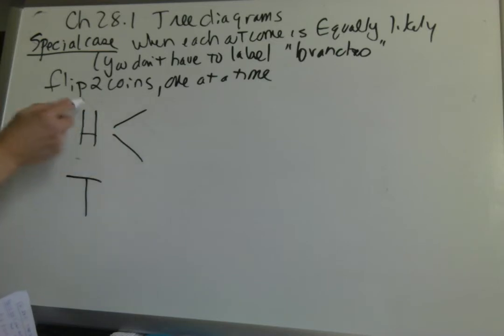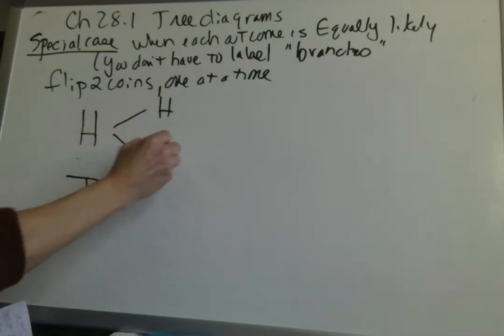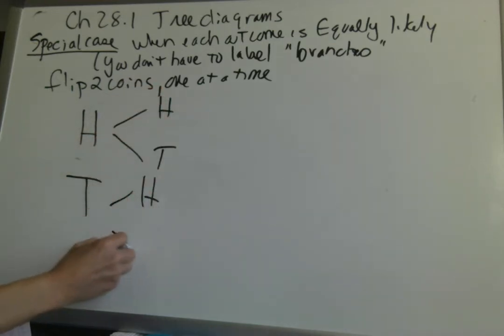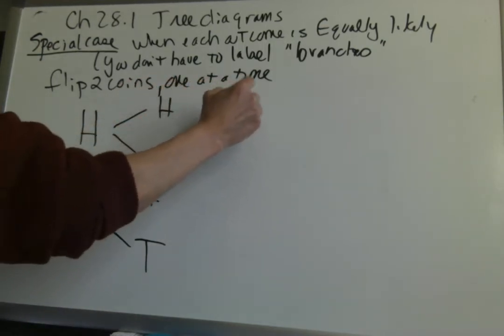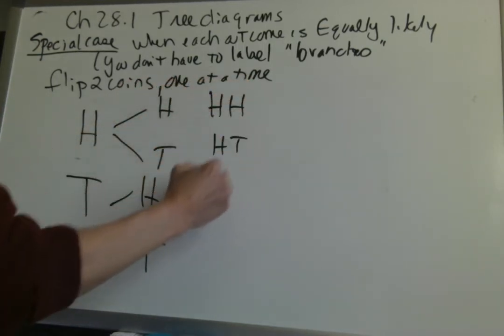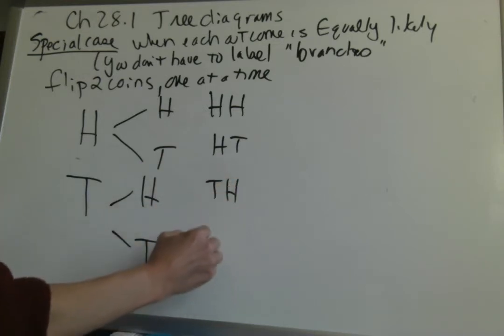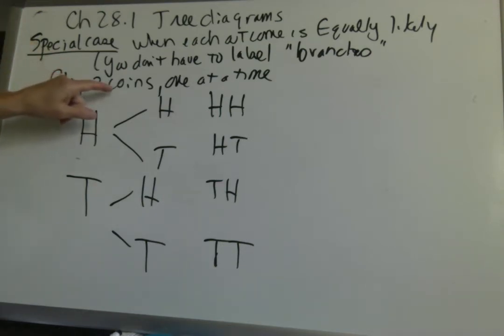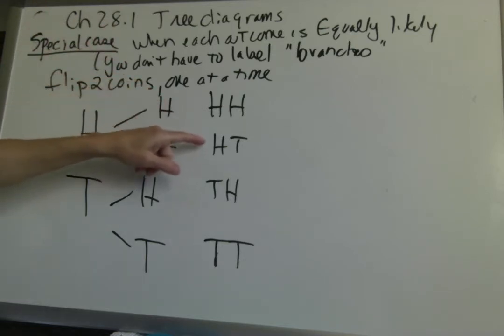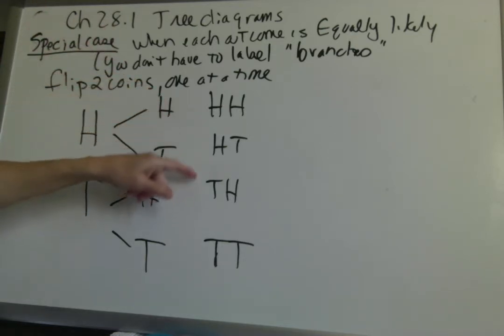Now on the second flip, so this is representing the first flip, over here is going to represent the second flip. We could flip a head or we could flip a tail for each one of these. So let's put that together. We could have head, head, head, tail, tail, head, tail, tail. This in and of itself is a fantastic exercise for the younger kids, because if you just tell them flip 2 coins, write out what you might get, most of the time they don't list both of these.